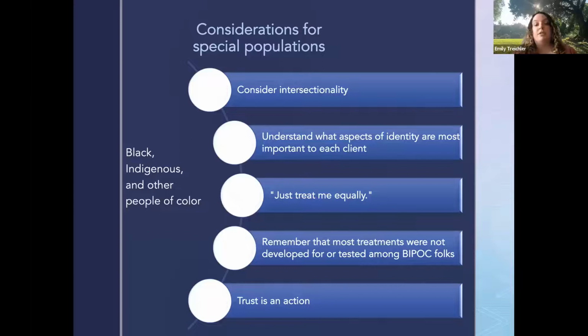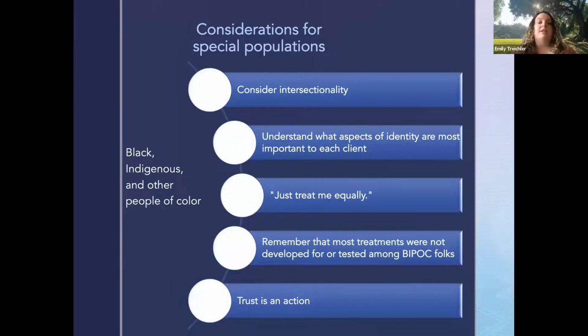I do hear from some people that they'd like culturally tailored decision-making, but what that looks like depends so much on the person, which is why it's essential to really assess and understand what they want. The next thing that I mentioned is that we need to remember, when we're thinking about evidence-based practice and picking the best research-supported treatments, that many of those treatments were not developed for or tested among or tested by Black, Indigenous, or other people of color.